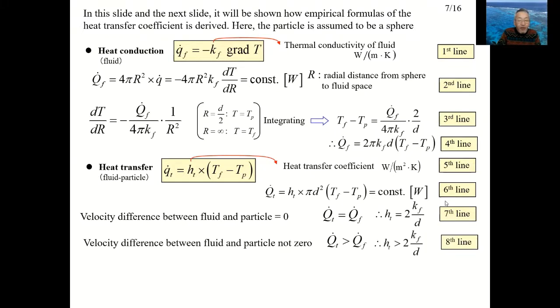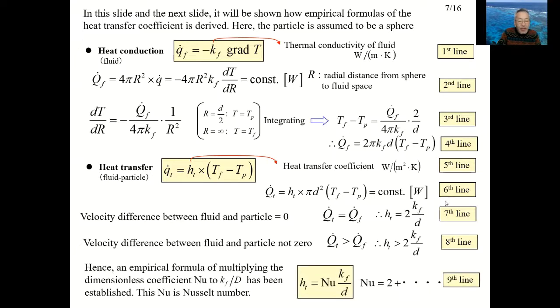If the fluid convects, the quantity of heat transfer will be larger than the quantity of heat conduction. So Ht is larger than 2kf by d, as shown on the eighth line. Such heat transfer is called convective heat transfer.